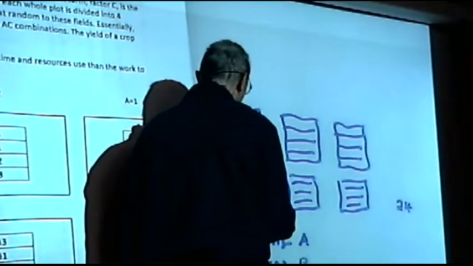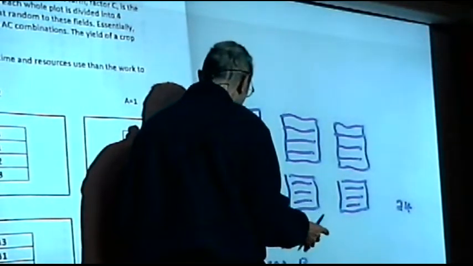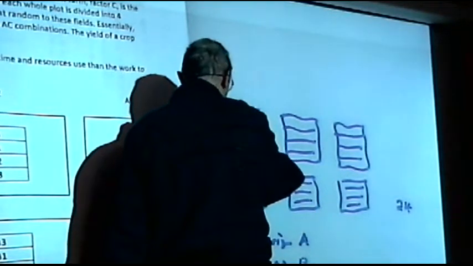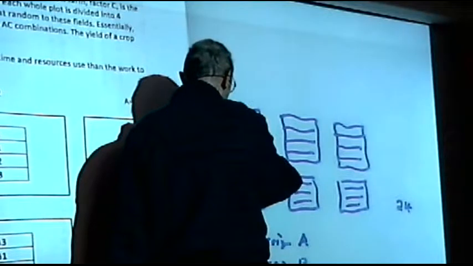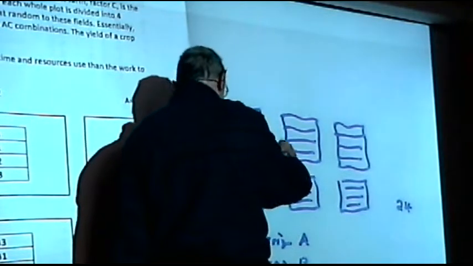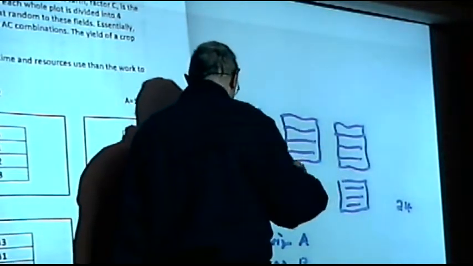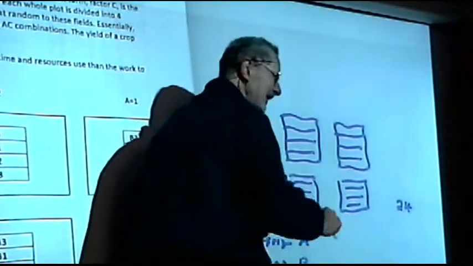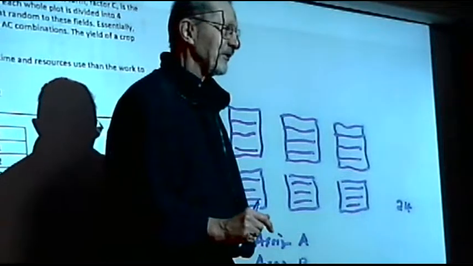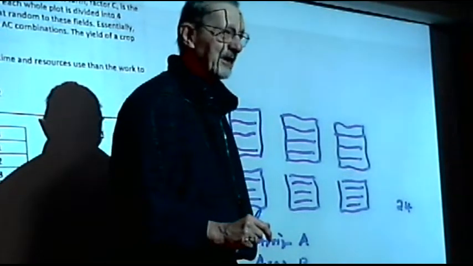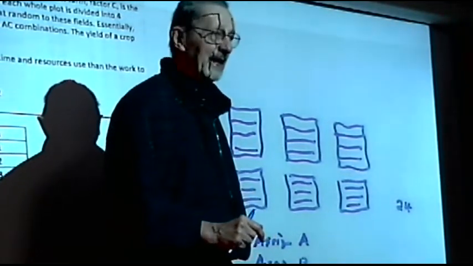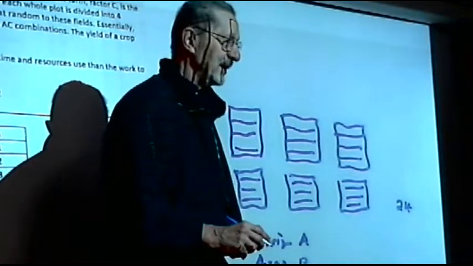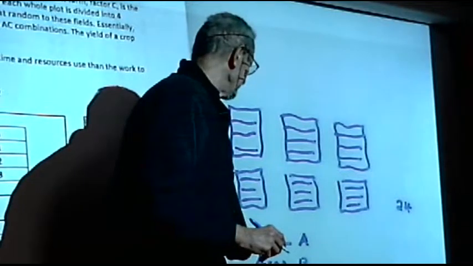And then I got to shut my tractor down, change the settings on it, and come here to the next level of factor A, and do that. Shut my tractor down, change the settings on it, come here and do the next level of factor A, etc. So there's a lot of monkeying around for the farmer to do to carry out the experiment this way. And he or she isn't going to want to do it this way. It's just too time consuming and really wasteful of effort.